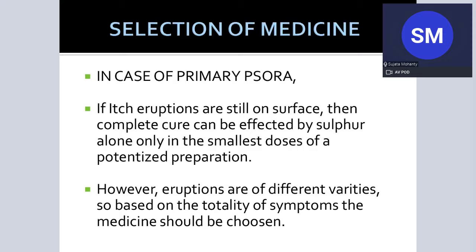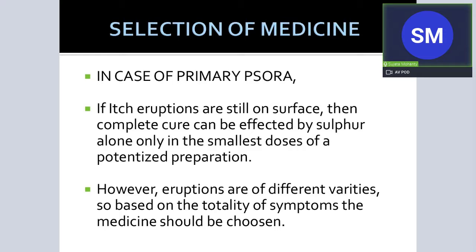After that, how can we select a medicine in a case of psoric miasm? In a case of primary psora, if the psora is in its primary manifestations, that is the best stage where we can cure the psoric miasm, because the eruptions of skin are already on the surface.